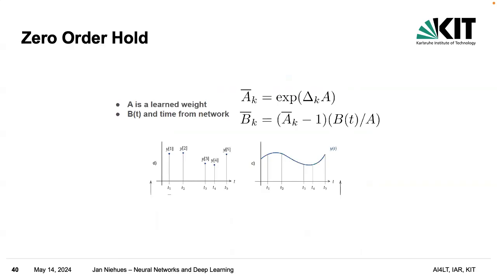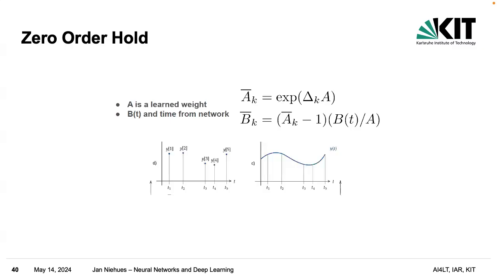Then the idea is that we have only one matrix A, which is fixed all the time, but we get our AK out of that by taking exp of delta k, which is the distance between them, times A, and our B depends on the state and is calculated this way. So this is the idea of this type of Mamba models.